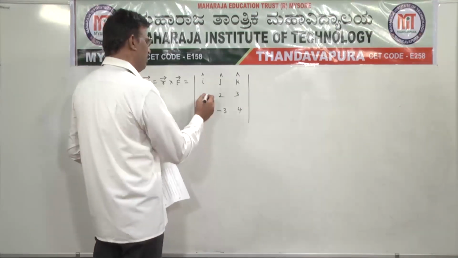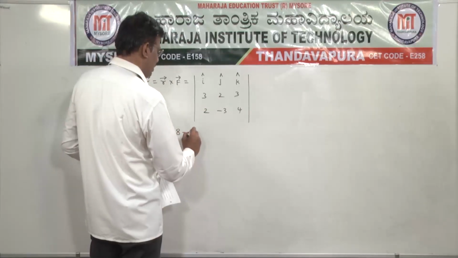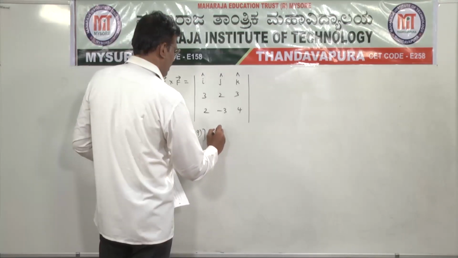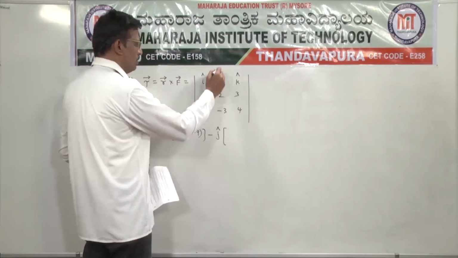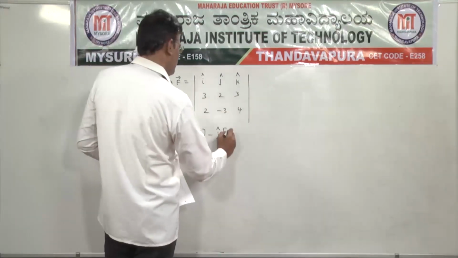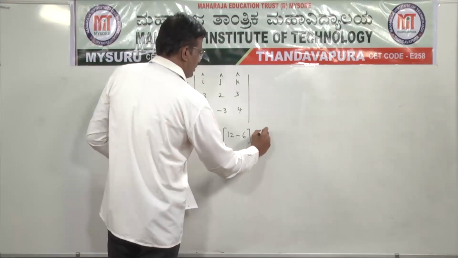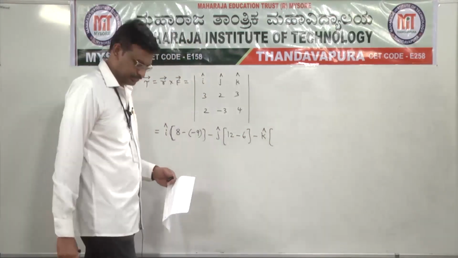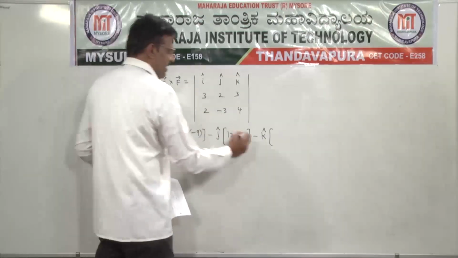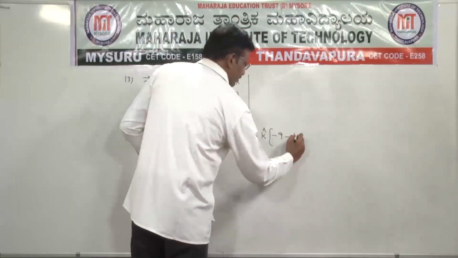i row, i column if we neglect, 2 into 4, 2 4s are 8, minus of minus 9. This is for i, and j into j column, j row if we neglect, 3 4s are 12, minus 2 3s are 6, minus k cap into k column, k row if we neglect, 3 into minus 3, minus 9, minus 2 2s are 4.